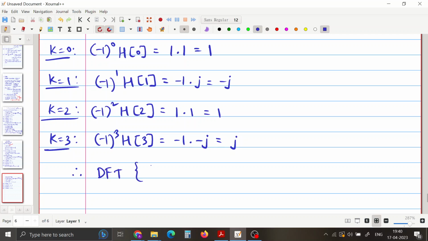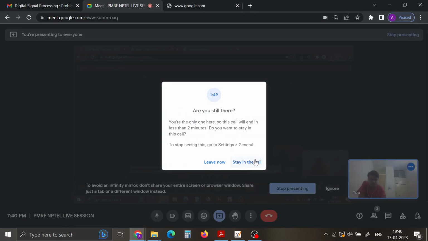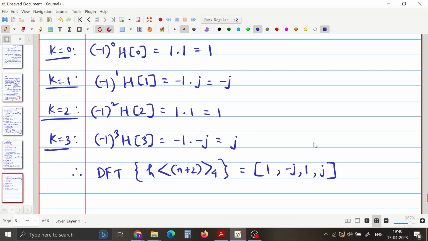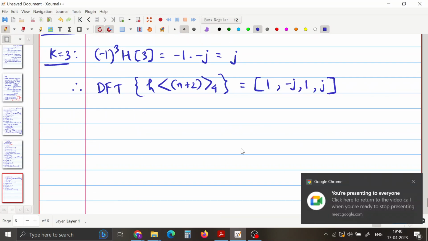Therefore the DFT of the sequence, the left cyclic shift by 2 samples which was given, is 1 comma minus j comma 1 comma j. This is the DFT.